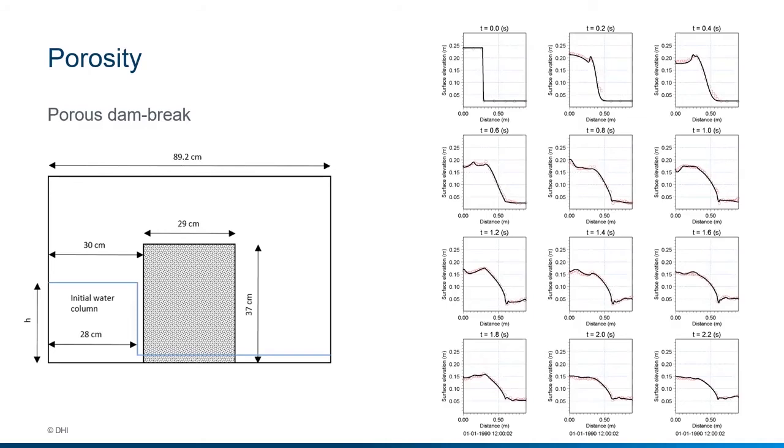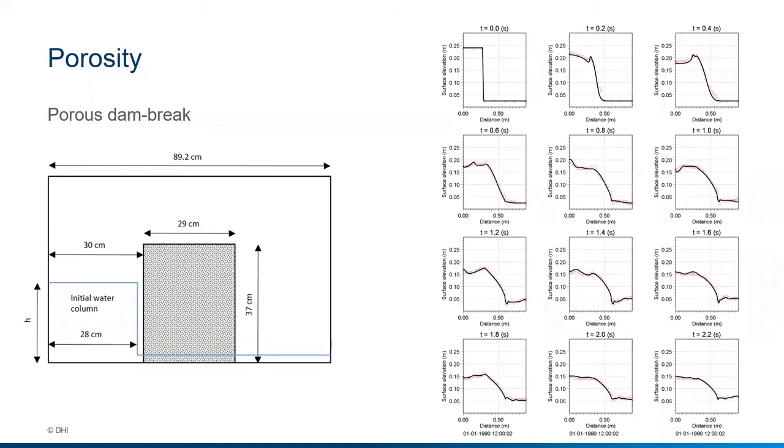It takes 0.5 seconds to pull out the separator between the initial water column and the porous area. Here we can see how the HLLC Riemann solver performs, trying to simulate this discontinuity, and also how the Darcy-Forchheimer implemented porosity setting performs when the water flows through this porous media.